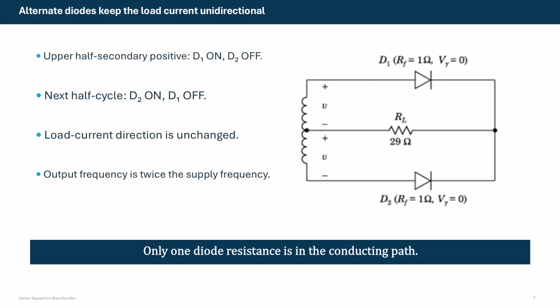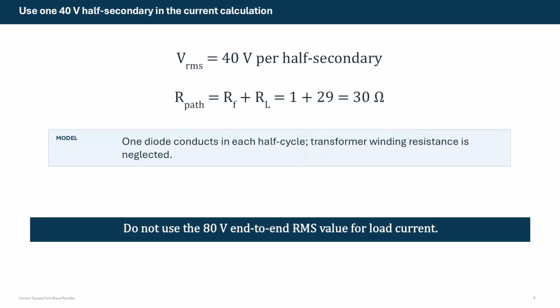The output is therefore a full wave rectified sine wave with ripple frequency twice the supply frequency. At any instant, only one half of the secondary supplies the conducting path. Therefore, the applied RMS voltage for the current calculation is 40 volts, not 80 volts.